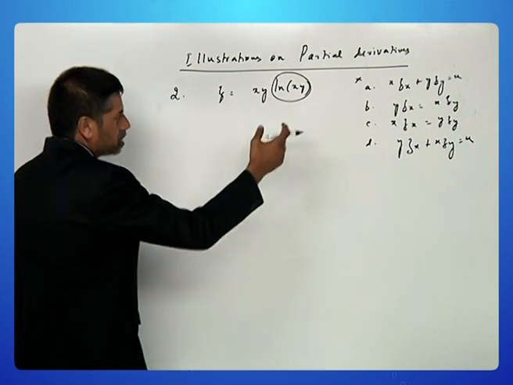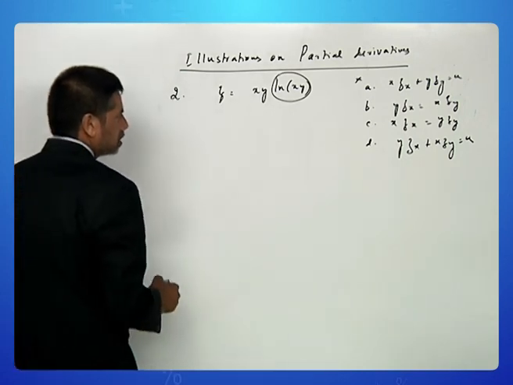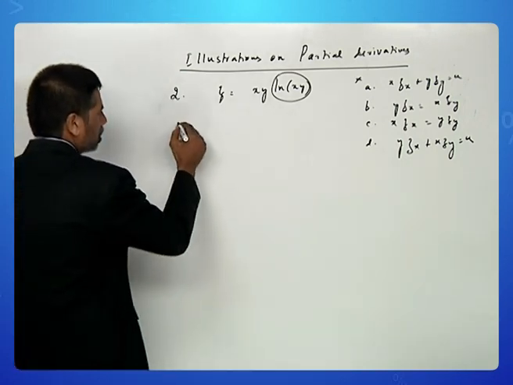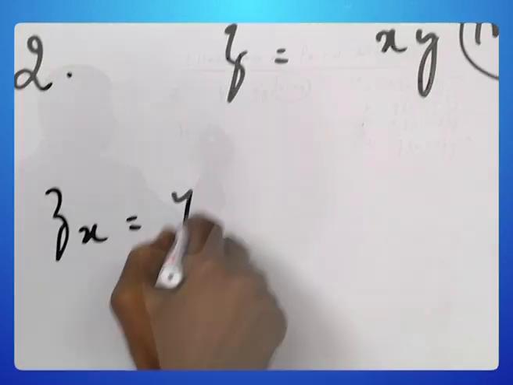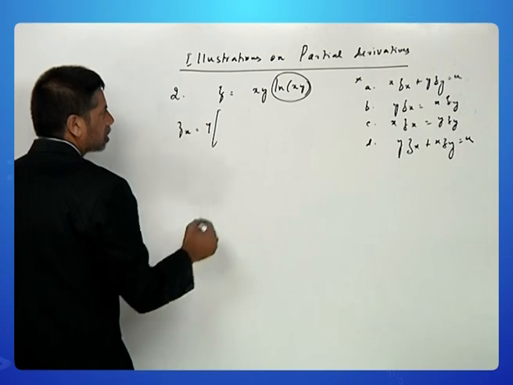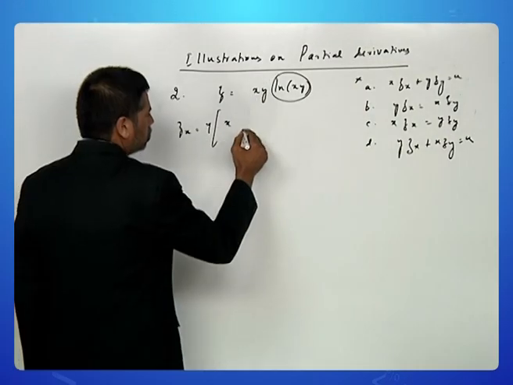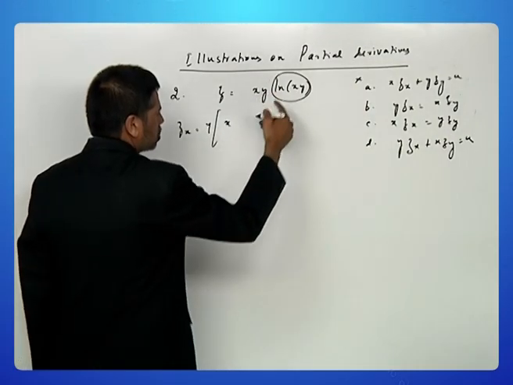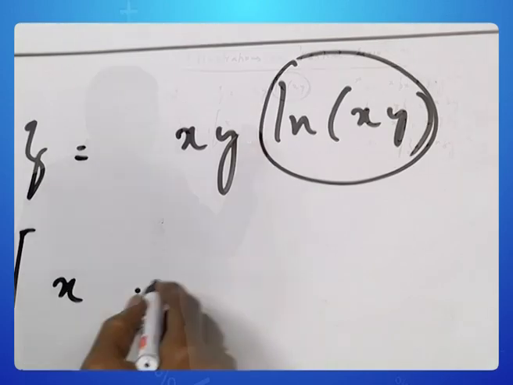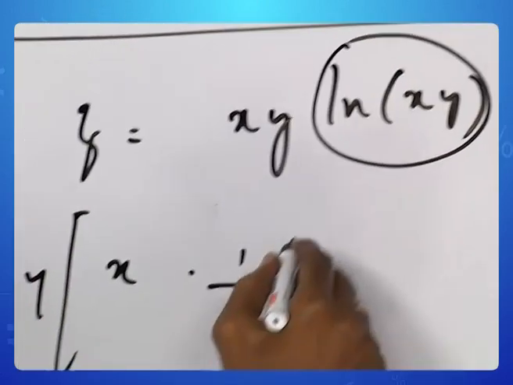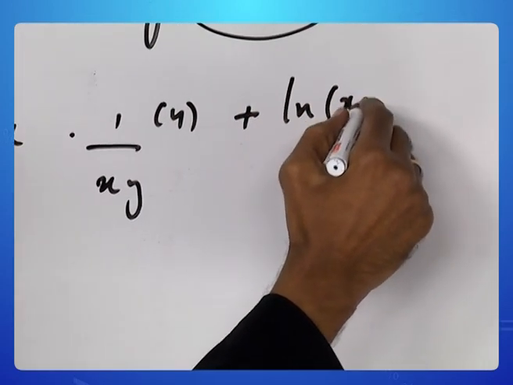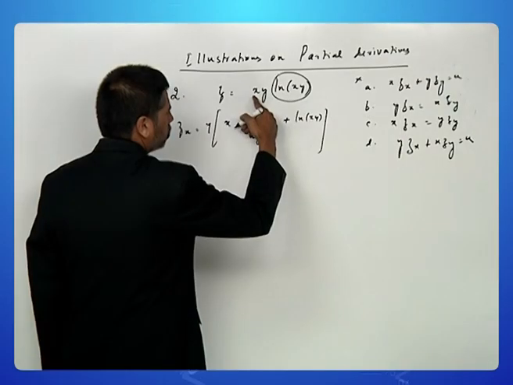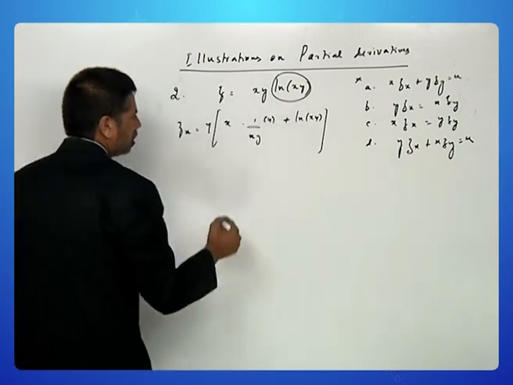So basically you can see that you will have to estimate zx and zy. Zx is nothing but, keeping y constant, x into the derivative of this with respect to x, which is 1 by xy into y plus log of xy. So we are applying the UV rule for x and log of xy.